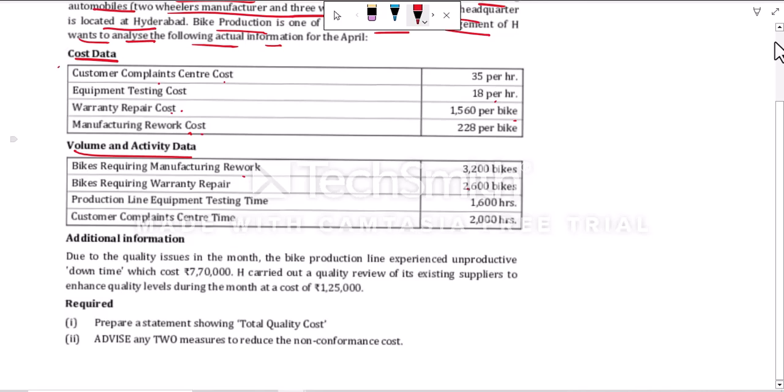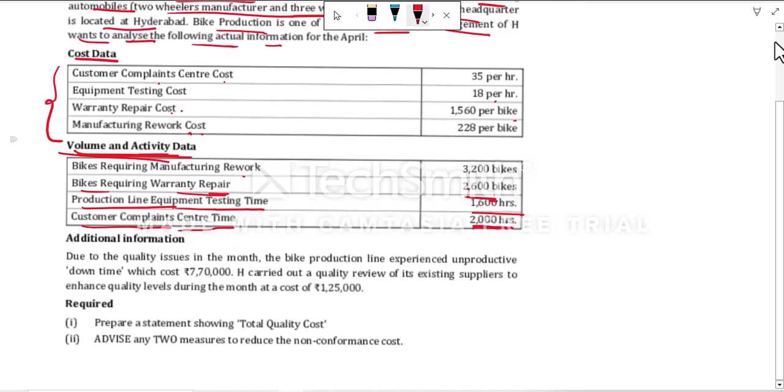See, here they have given per unit cost, per hour cost. Then we should know the units or number of hours. Here they gave the volume. Bikes requiring warranty repair: 2600 bikes. Product line equipment testing time: 1600 hours. Customer complaint center time: 2000 hours.